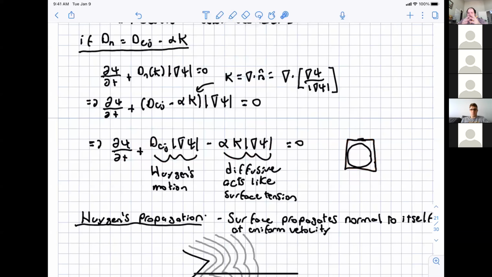If there's a sharp corner in the initial conditions of your simulation, surface tension will quickly round off that corner, and then try its best to turn the shape into a perfect circle in 2D or a sphere in 3D. In general, this curvature term is diffusive. It tends to round off corners and things like that. So it's a really interesting term.